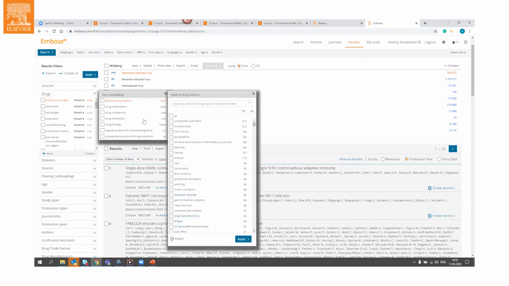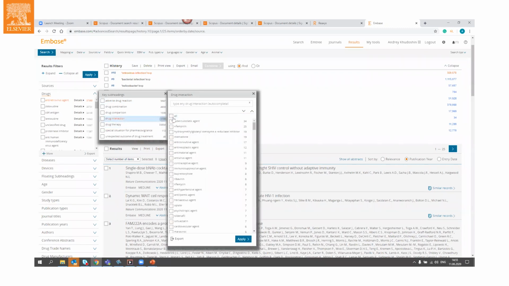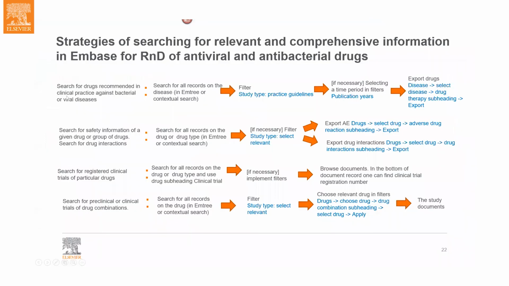We have the list of them. And also we can see 1,000 articles focused on drug interaction, where this antiretroviral agent interacts with other drugs. So now you know at least two strategies to use Embase.